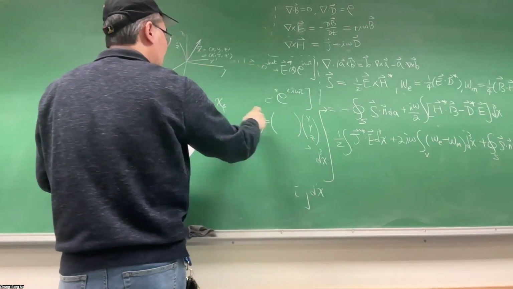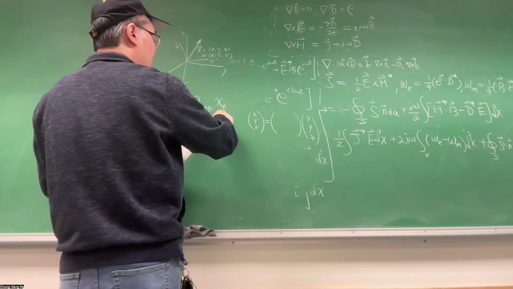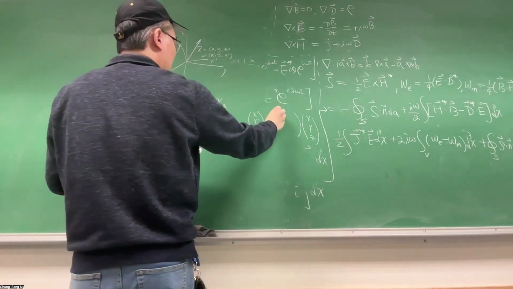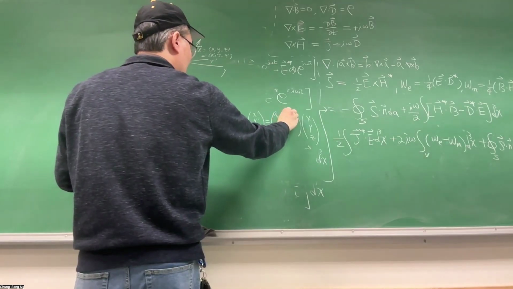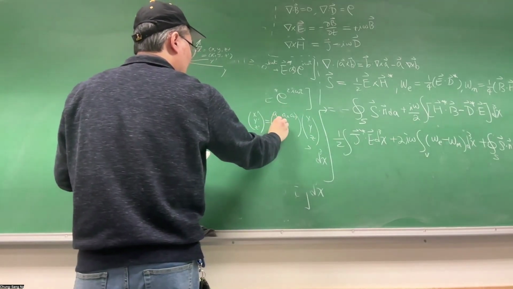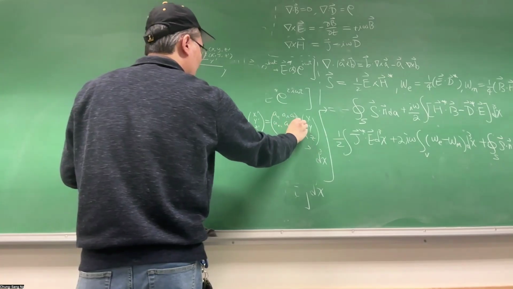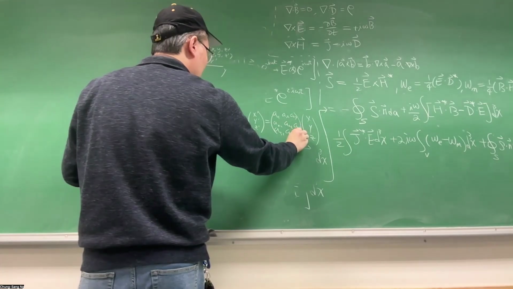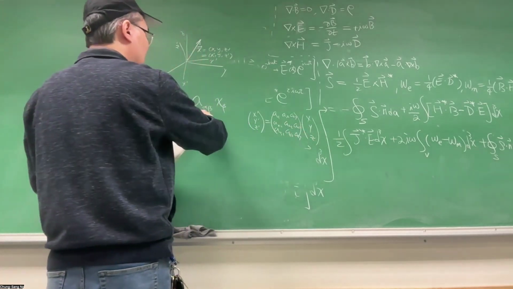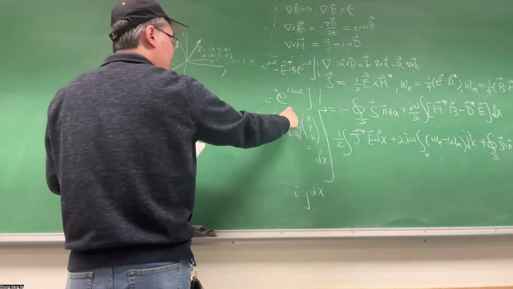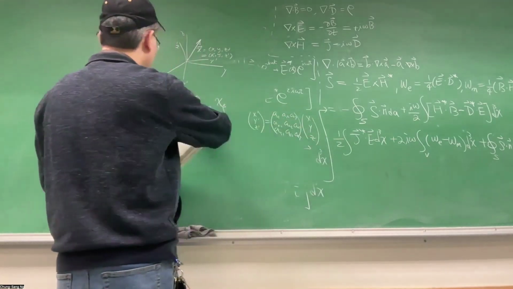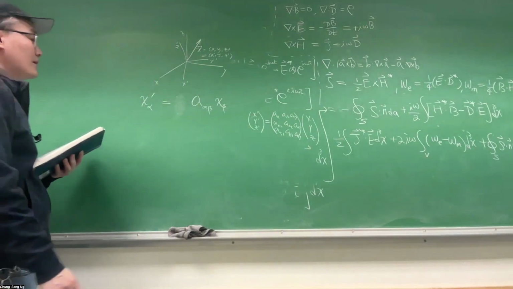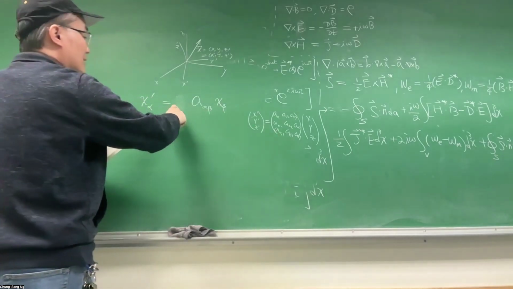The old coordinates x, y, z, which is this x beta, multiplied by this matrix, which is A11, A12, A13, A21, A22, A23. You're basically doing this summation: this times that, plus this times that, plus this times that, going into the new x prime. And so on. So that is a transformation matrix.